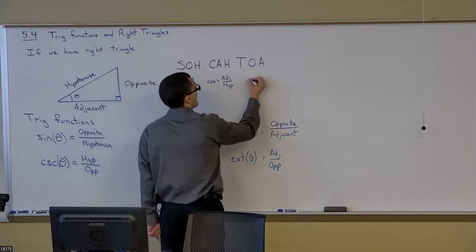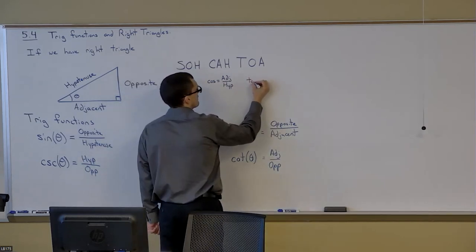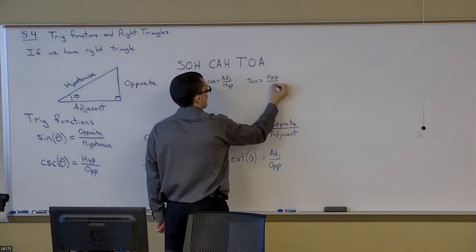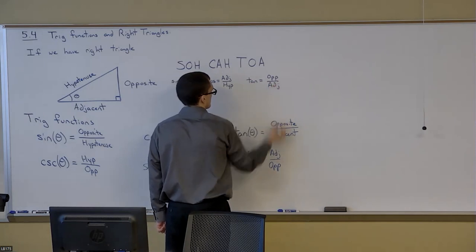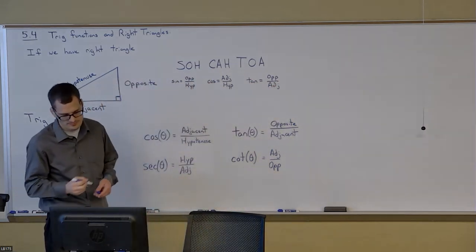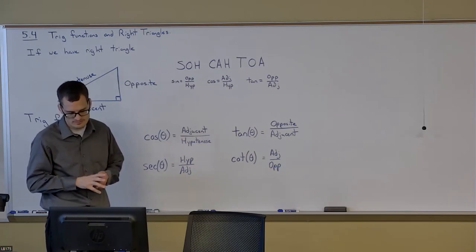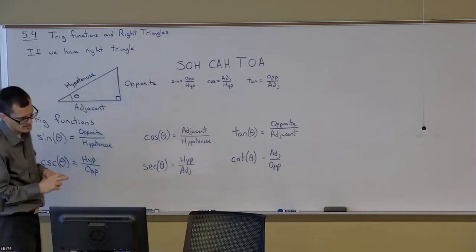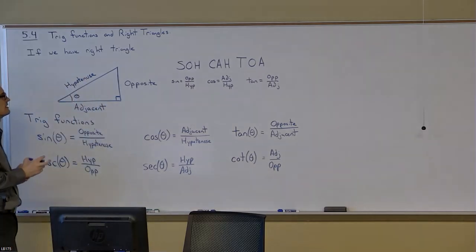And the TOA obviously is referring to the fact that the tangent is equal to opposite over the adjacent side. So that's the relationship we have, the sine, cosine, tangent relationships that we have with right triangles.